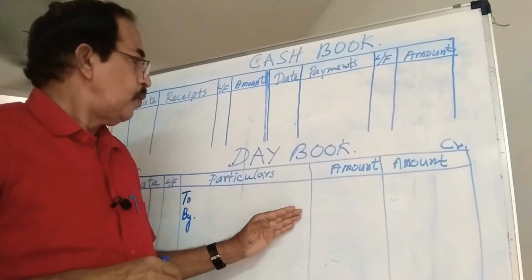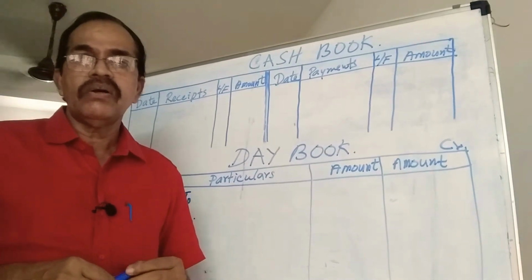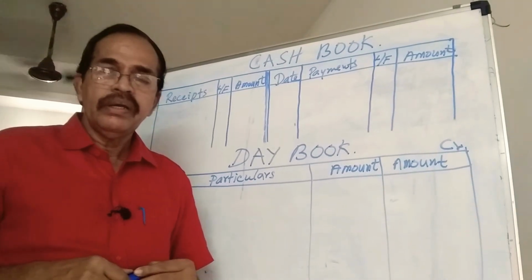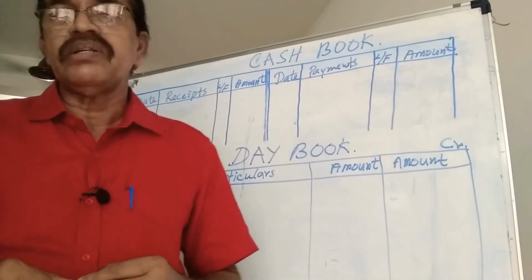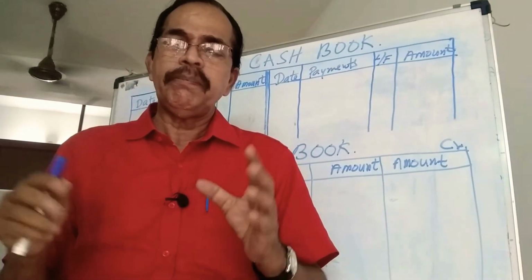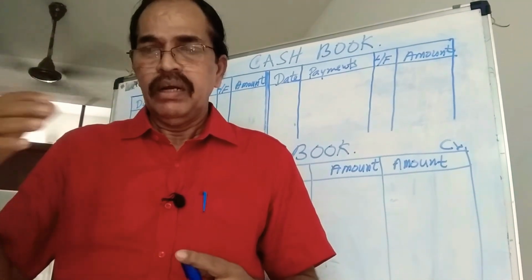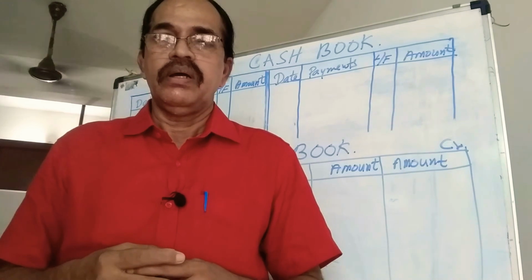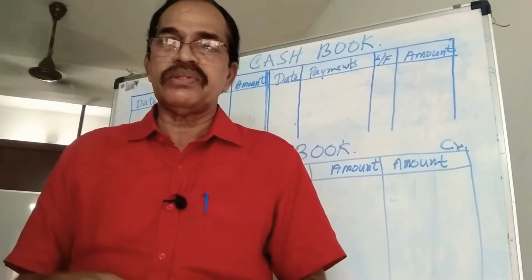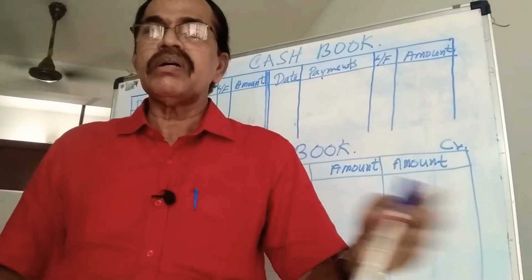Now let us see how transactions are recorded in the day book. Usually, the accountants record transactions from the supporting documents or source documents that are in front of them. On the table in front of them, there will be a number of files. Each file contains supporting documents.